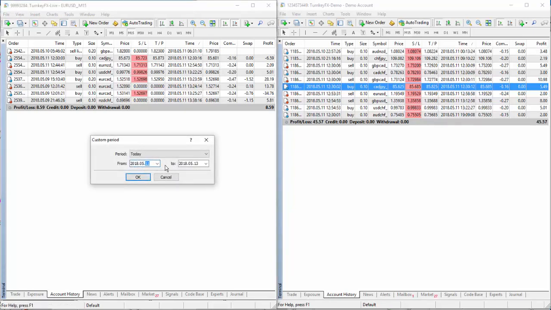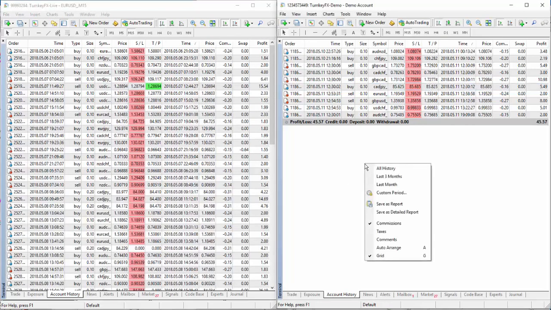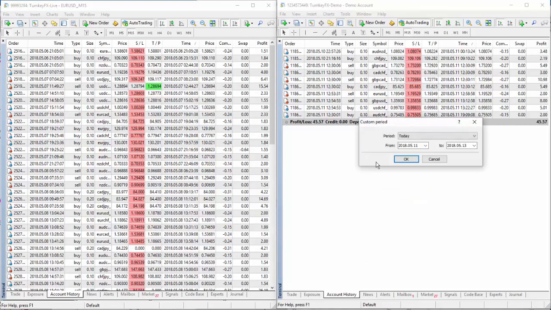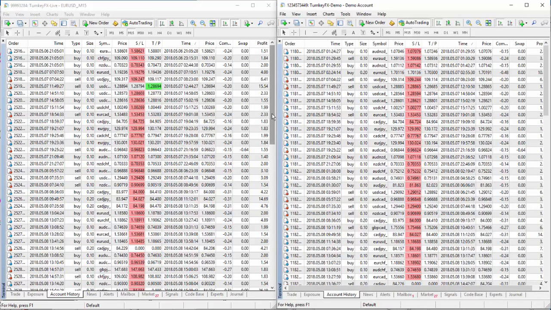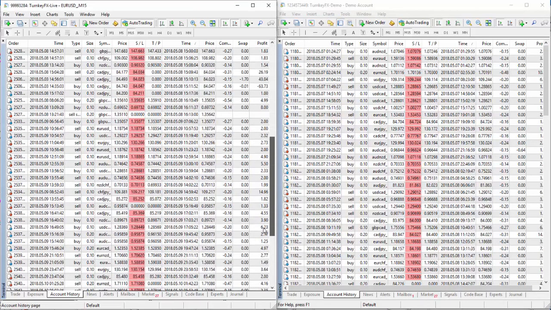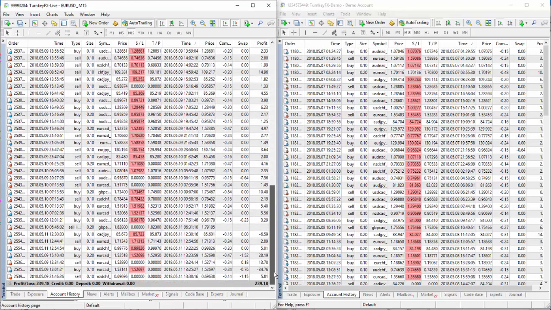But if we go back on the calendar and just take a look at all of the trades that we closed during the week, what we're going to do is get both of these calendars back to where they're showing the whole week. Now what we see when we scroll down the list is we had a nice number of trades this week, better than the first week, right?